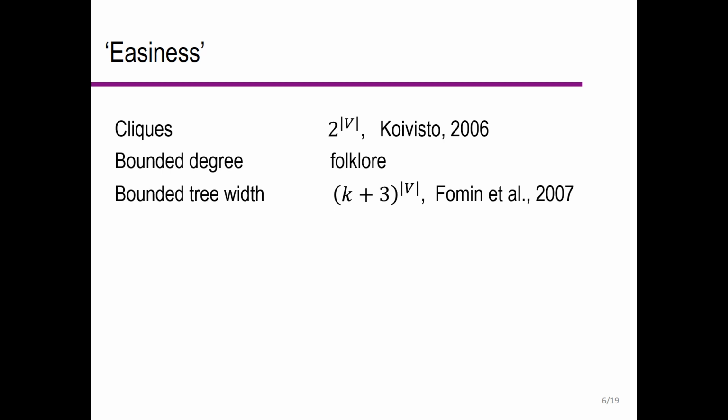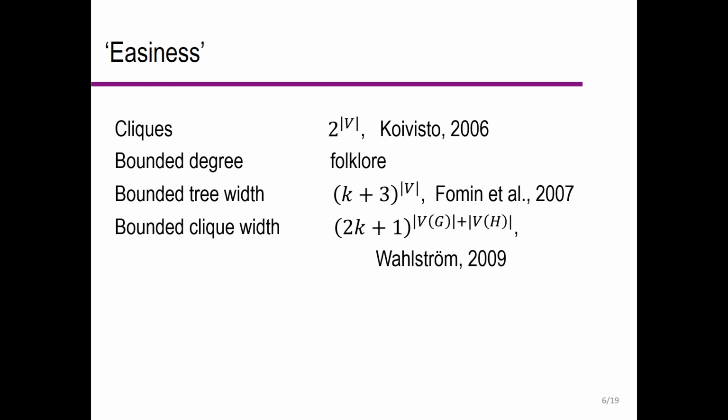In this case, k in the base of the exponent is the bound on the tree width, of course, and also the class of graphs of bounded clique width. Again, k here is the bound on the clique width, and well, this is the result we are going to build upon. So next I'm going to introduce several simple algorithms and build up our new class of graphs and an algorithm for this new class of graphs.